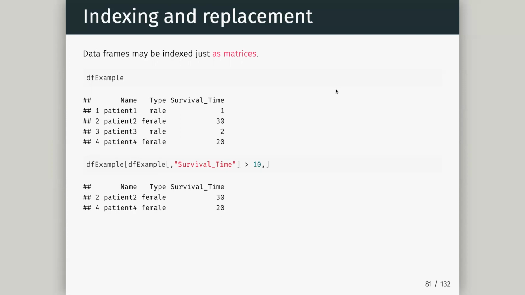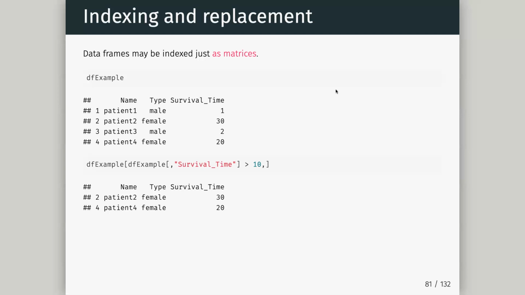That's going to give me a logical, just saying which values here are above 10. I'm going to use this whole thing as my index for rows. I'm doing a comma, but nothing in the column bit. So it's going to pull out false, true, false, true, and then it will subset my data frame.